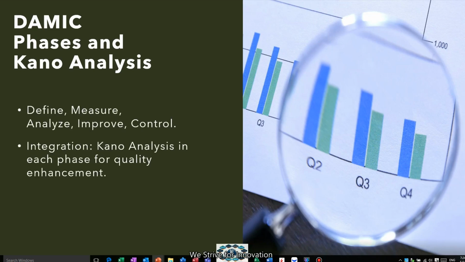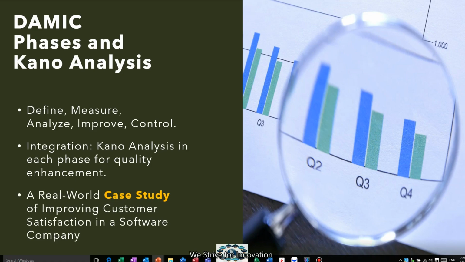Kano analysis integration into a case study will help us to define the customer requirements, then take those requirements and prioritize their features. Then we'll measure customer satisfaction, which will also guide us to improve our effort and monitor quality control within our subject. Of course, the best way to do it is to have a case study.